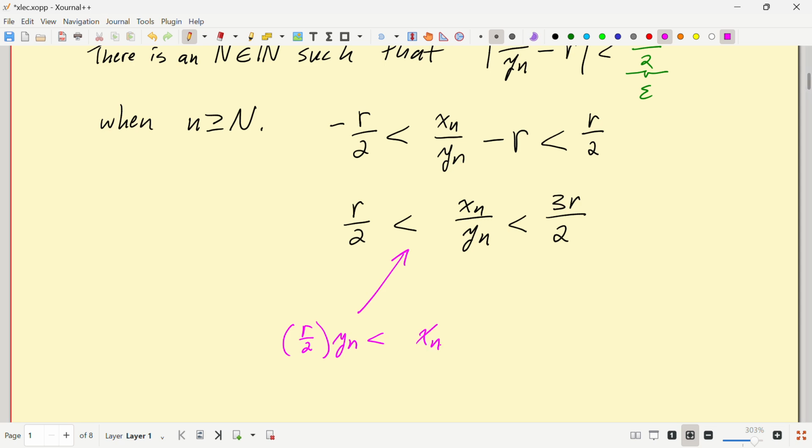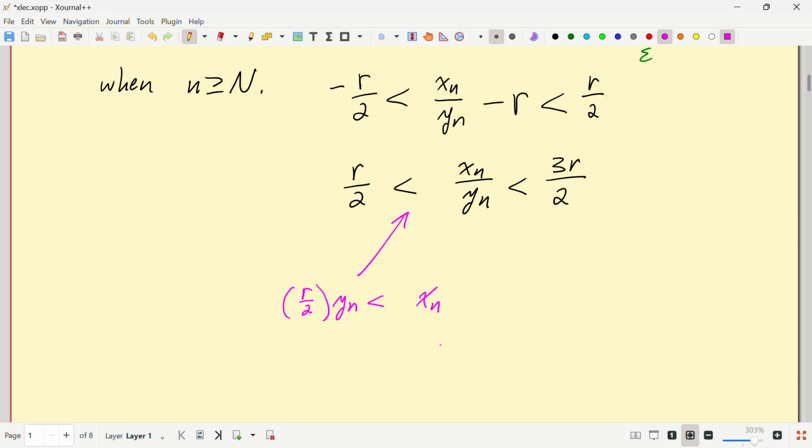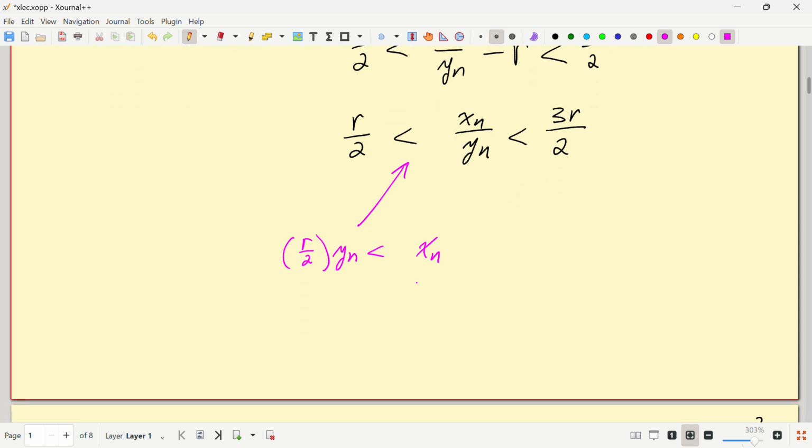And therefore, I can deduce that if the sum of the xn's is finite, which means the series converges, then r over 2 times the sum of the yn's would be finite.